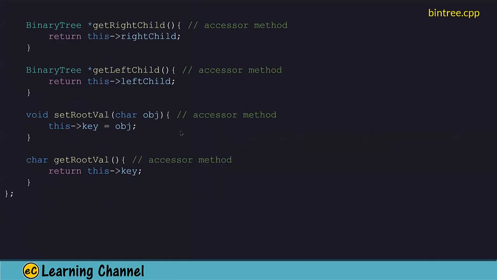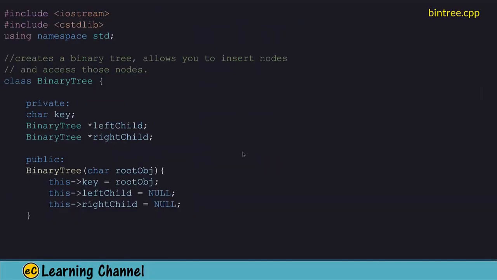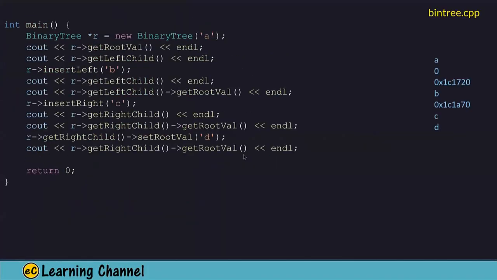Okay, these are different things that can be built for a tree structure if you are using a class. Usually, I think that a structure is better than a class because it's easier to use. Okay, so you create a tree with A and then insert left with B, insert right with C.